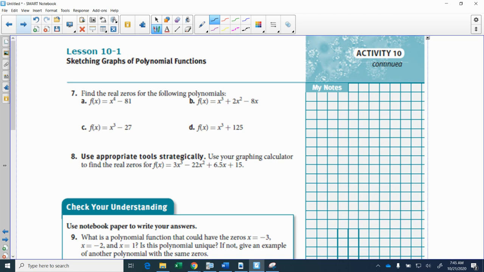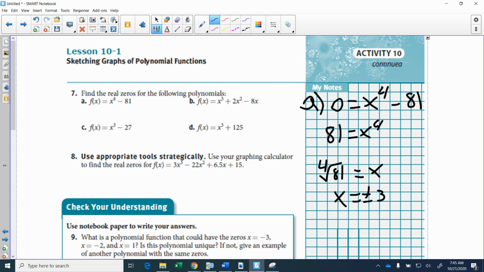If I want to solve letter A, let's just find our zeros, x to the fourth minus 81. I add the 81 over. This would become 81 equals x to the fourth. And now we take the fourth root to get x equals positive negative 3.